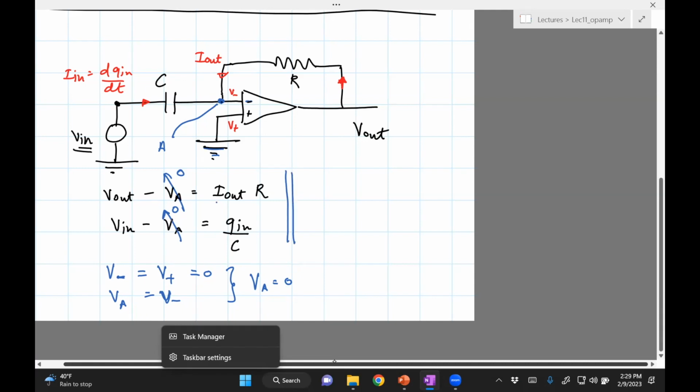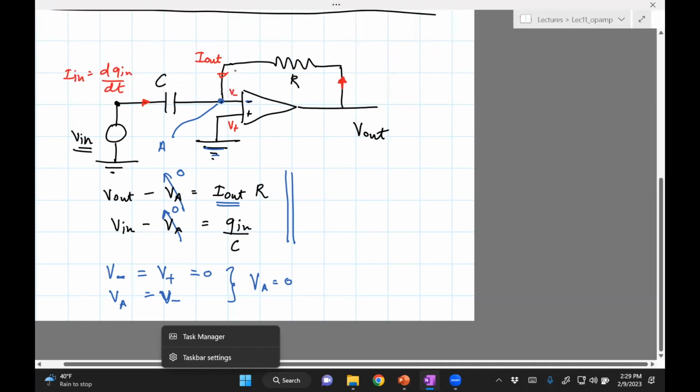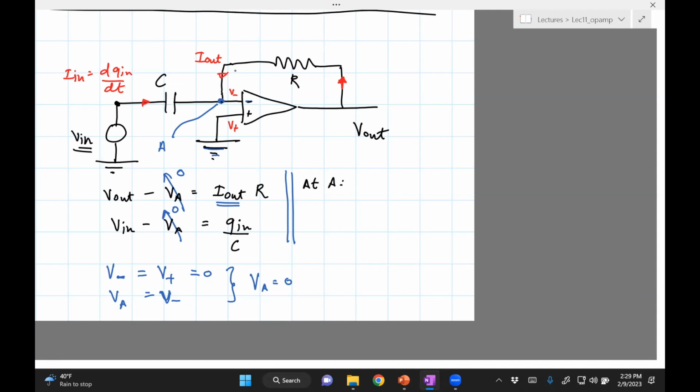Now, what you see is that we have I out and Q in, and those two are the unknowns here. The way to deal with the unknowns is using KCL. Let's see if we can relate I out with I in or Q in. At A, the currents going inside A are I out plus I in, equals 0, because the current coming out, I minus, over here is 0. No current flows in an op-amp because of the high input impedance.